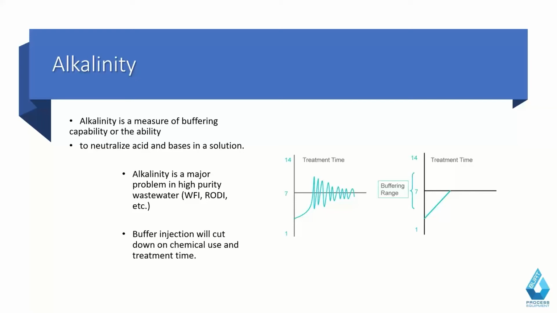Where it's really utilized is you have basically another reagent, which is a buffer. When you don't have sufficient alkalinity in your system, you end up with this oscillatory curve. And you add another reagent, a buffer, which then allows you to do a nice linear treatment. Again, we're talking about the presence of high purity water.